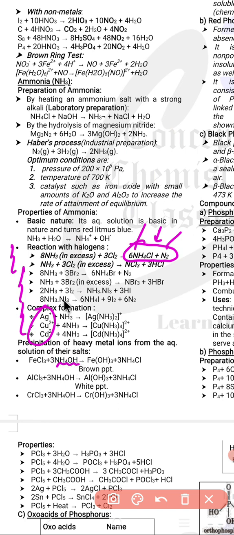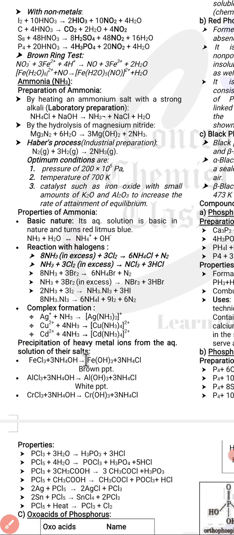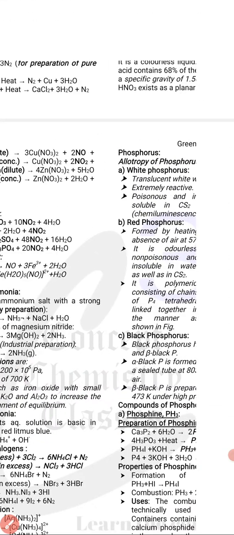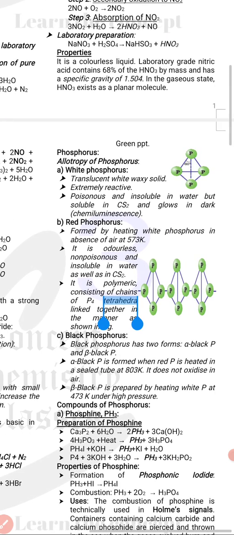Aqueous solution of ammonia produces ammonium hydroxide. Then a brown precipitate is formed. With aluminum chloride, a white precipitate is formed, right? Similarly, with CrCl3, a green precipitate is formed, right?